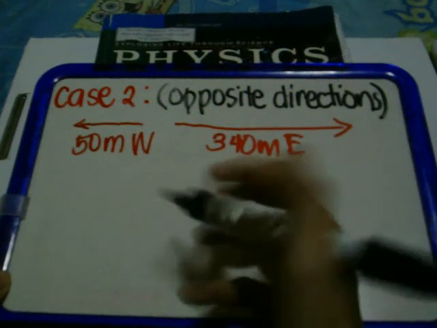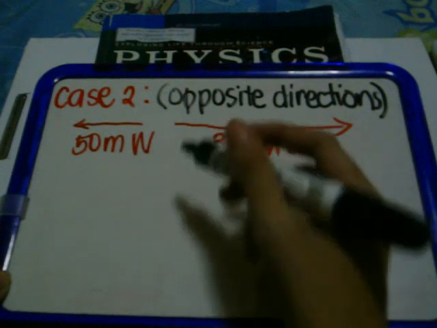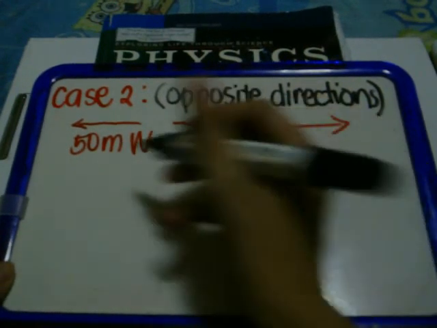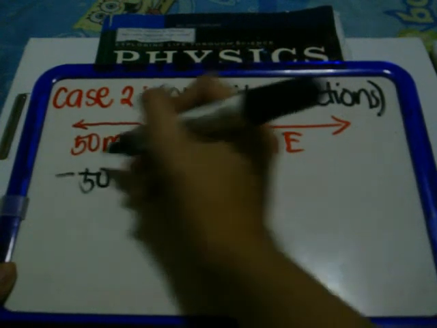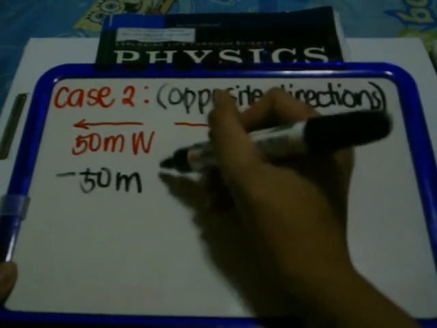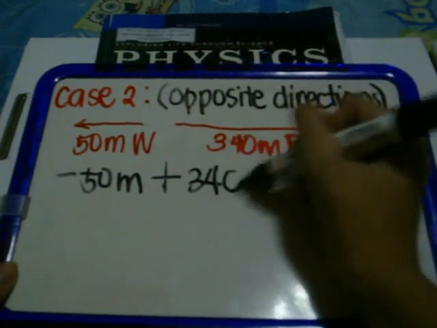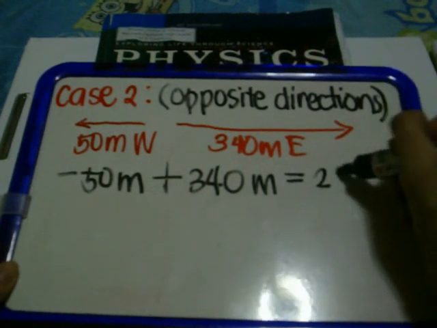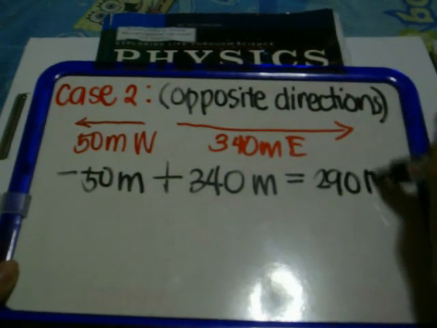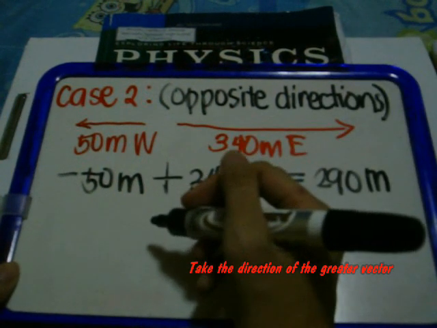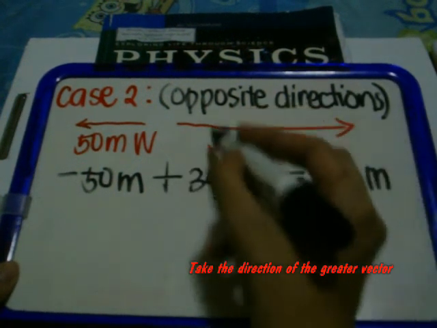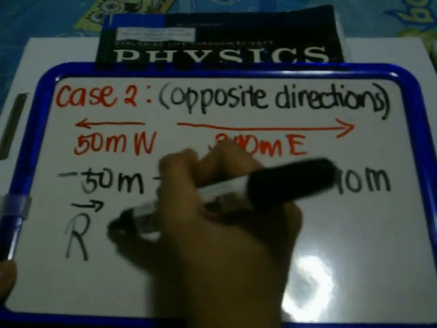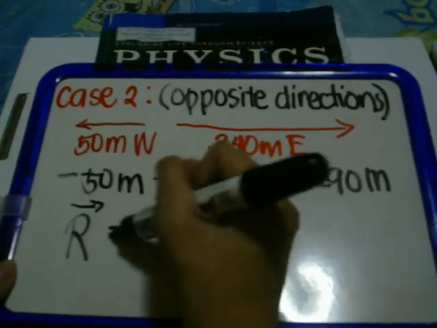Since we know that west is negative and east is positive, thus negative 50 meters plus 340 meters is equal to 290 meters. We will take the direction of the greater vector. Thus, the resultant vector is 290 meters east.